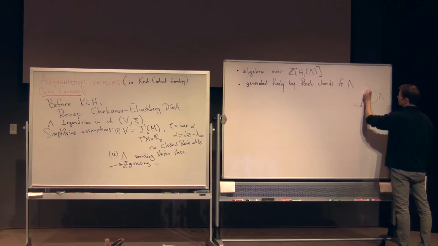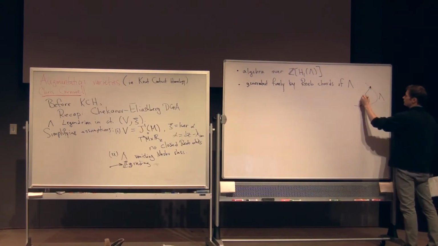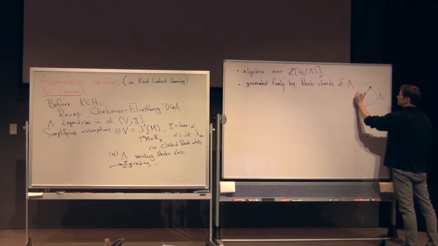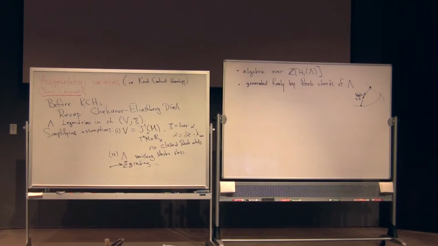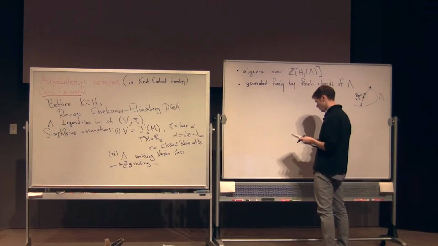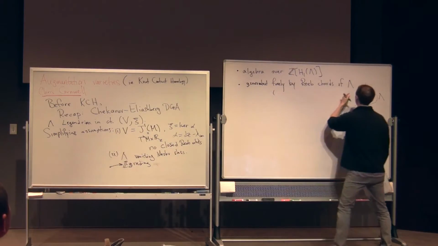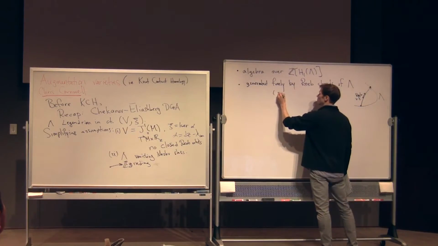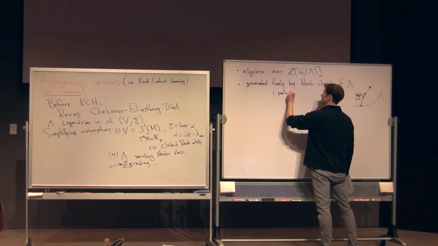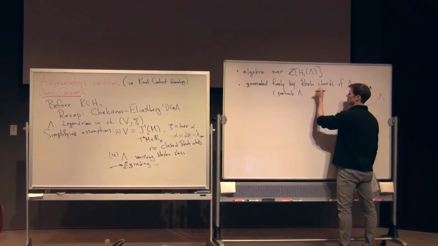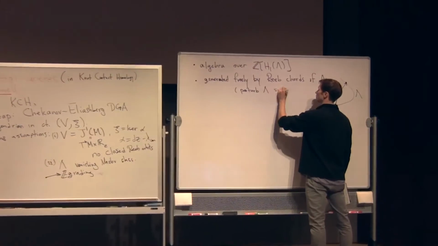So we have a Reeb vector field, and we're just taking integral curves of the Reeb vector field which start and end on our Legendrian. And I maybe need to perturb the Legendrian so that there are just finitely many of these.